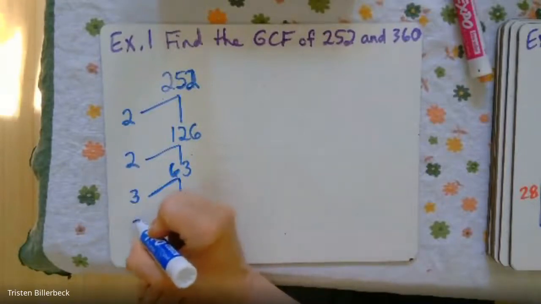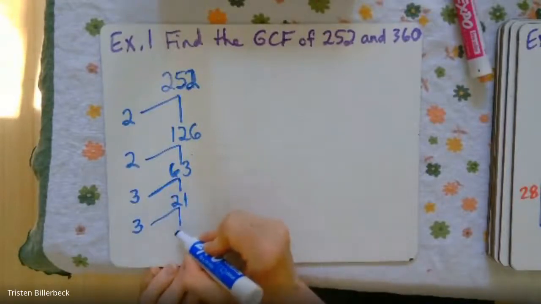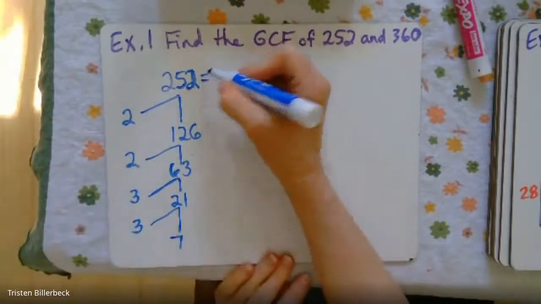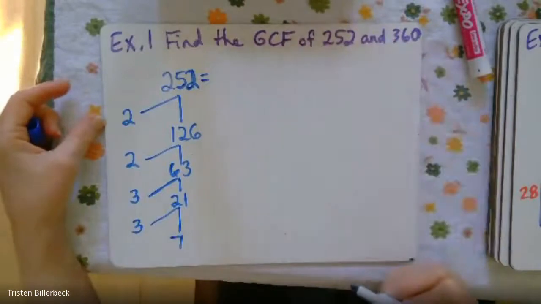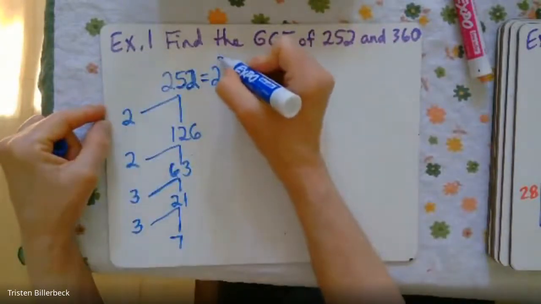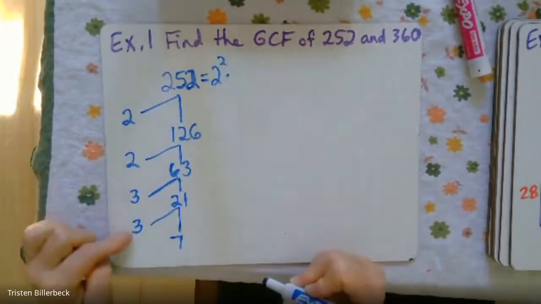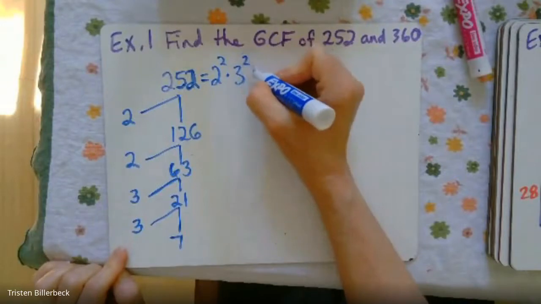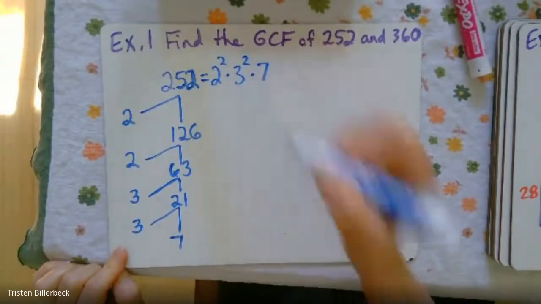So this is divisible by 3. And we get 7. So our prime factorization for 252 with exponential notation, we have 2 2's, so that's going to be 2 squared times 2 3's, 3 squared times 7.